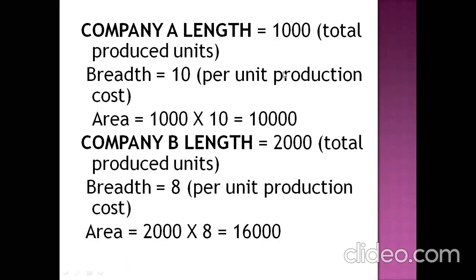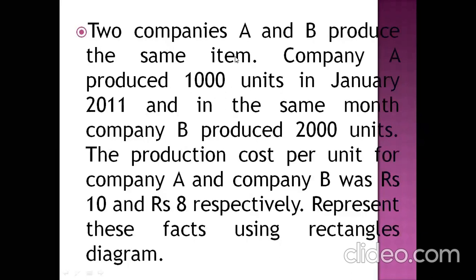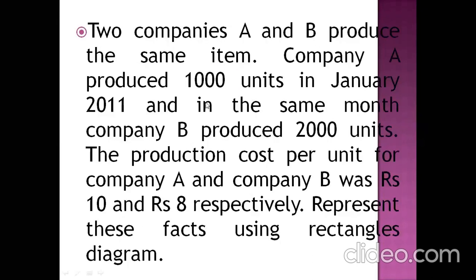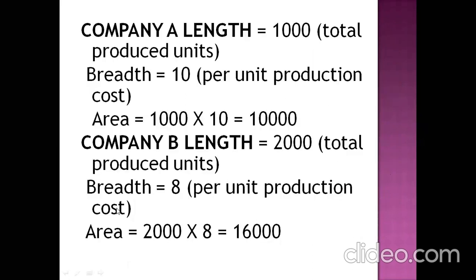See, company A produced 1000 units. That is what I have mentioned. Then breadth is per unit production cost, which for A is 10. So that is taken as breadth. Length is taken as 1000, that is the total produced units, and breadth as 10, that is the unit cost of production.